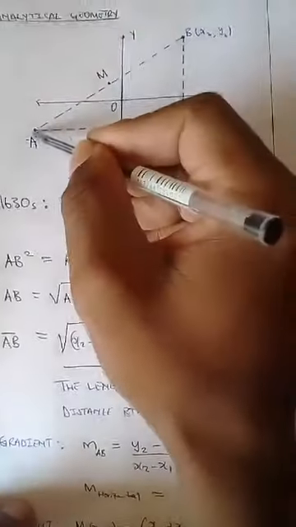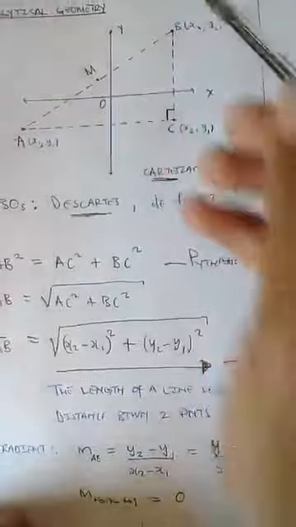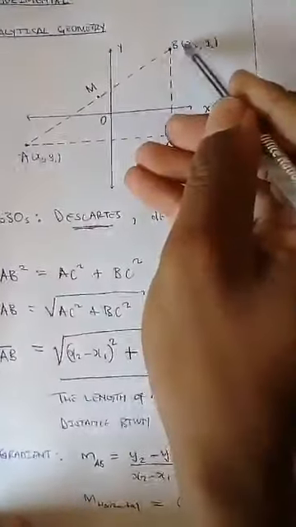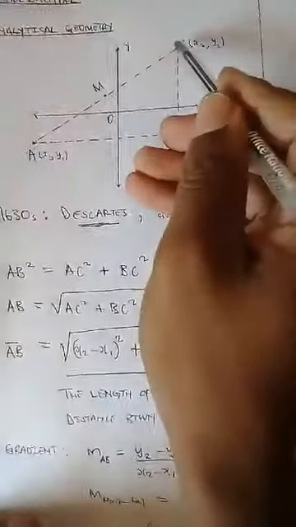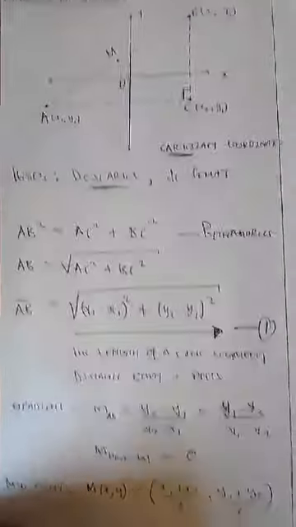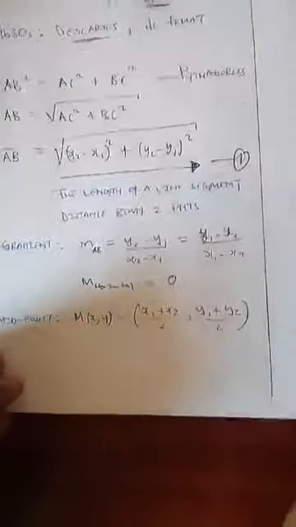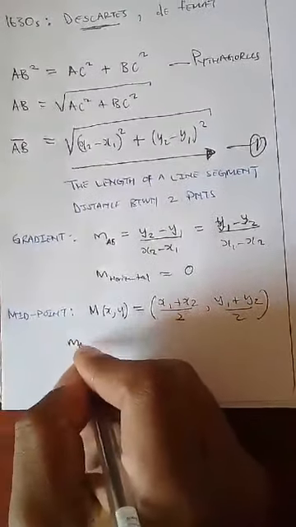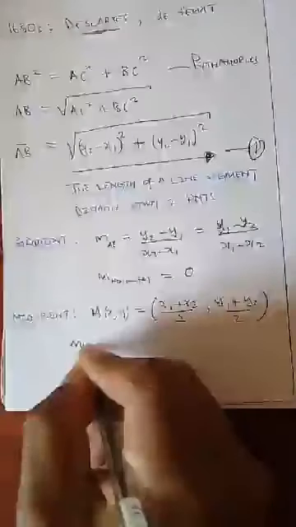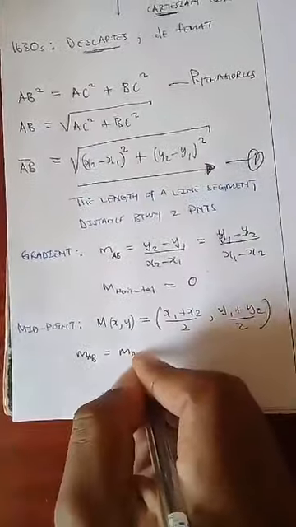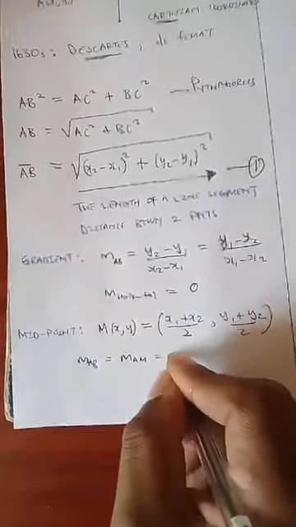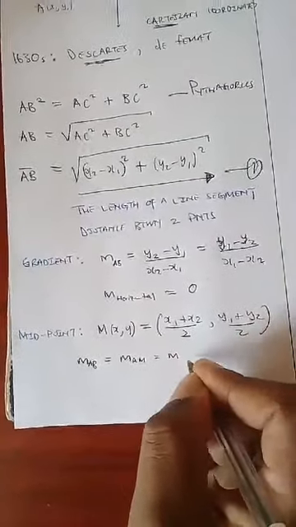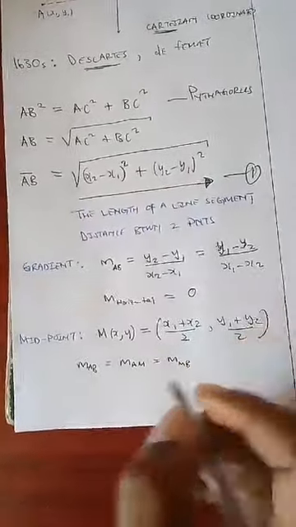These points are on the same line, and if they're on the same line, it means their gradient should be the same. And how to express that? You would say the gradient between A and M is also the gradient between M and B. So these are collinear points.